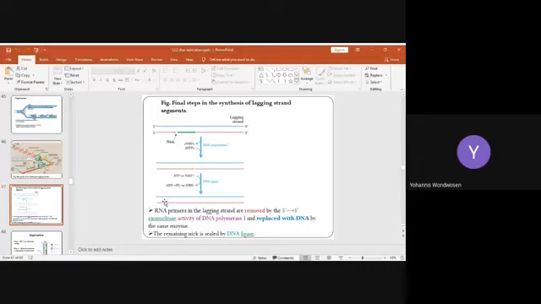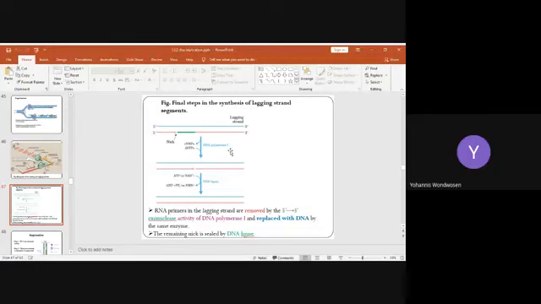So when we see the final steps in the synthesis of the lagging strand segments, you can see here 3' to 5' direction. This is the normal strand, and synthesis is taking place from 5' to 3' direction.